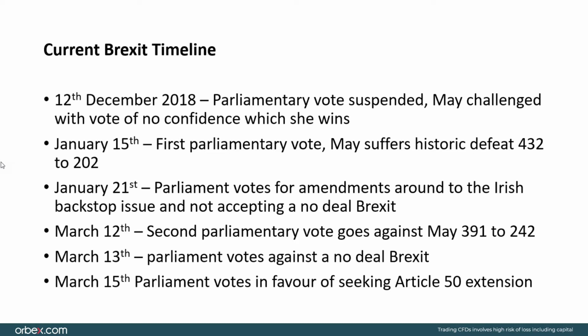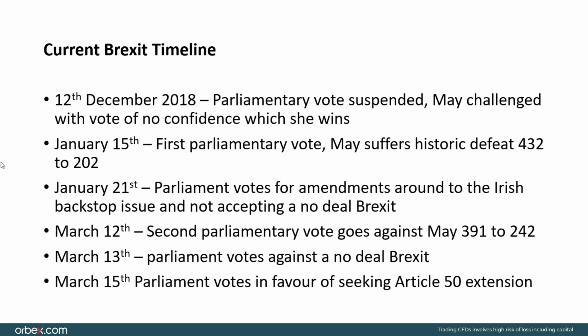So, out of a list of different options they could vote on, Parliament voted in favour of pursuing 2 amendments. The first was seeking changes to the Irish backstop issue, which has been the biggest sticking point for negotiations, and the second declaring that a no-deal Brexit cannot be an option.